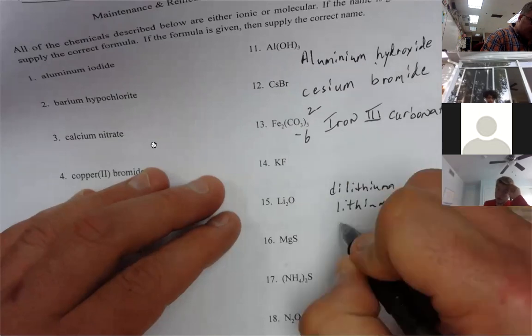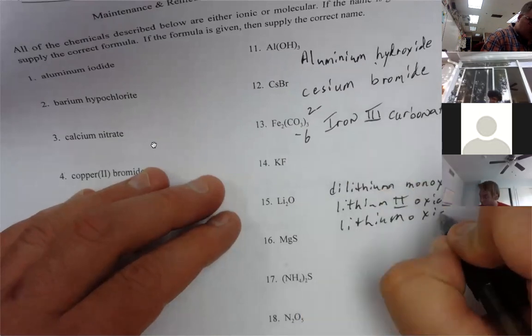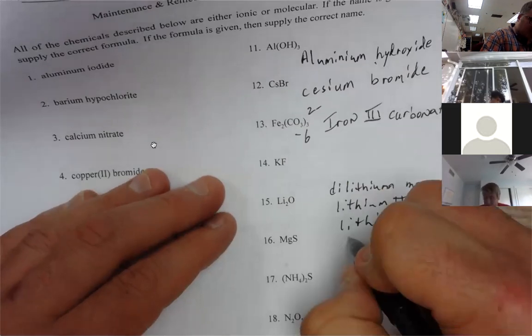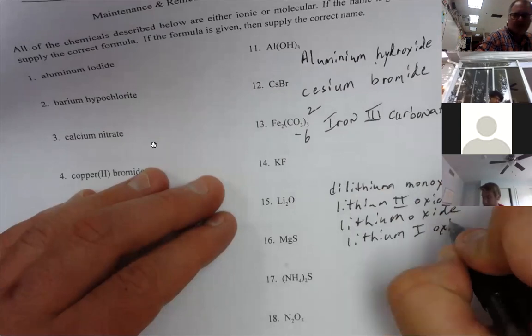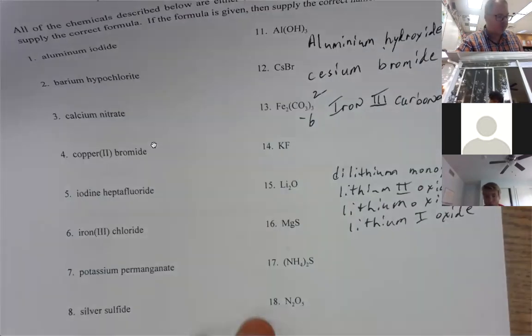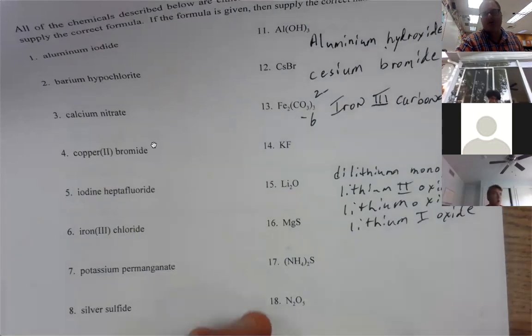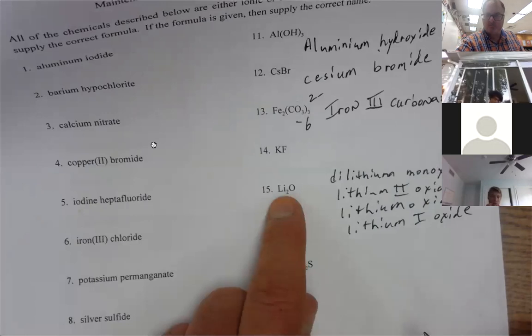Choice C may be lithium oxide. Choice D may be lithium 1 oxide. All of those are perfectly good names. The problem is that only one works, because there's only one system that names this one correctly.